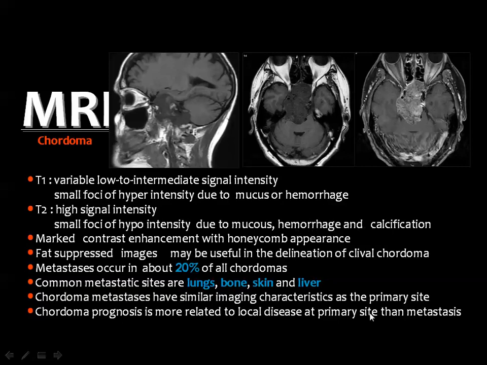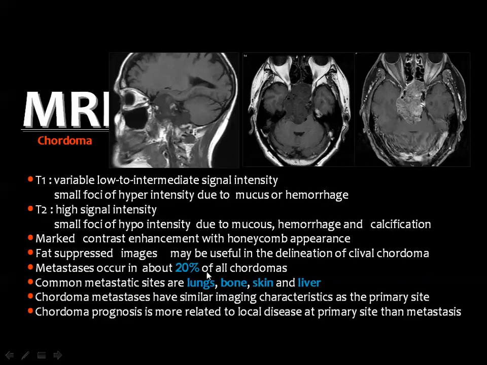The tumor will enhance markedly if you inject contrast material. And of course, one of the good policies in imaging of the skull base is to have fat suppressed images before and after contrast in order to see the actual tumor extent.